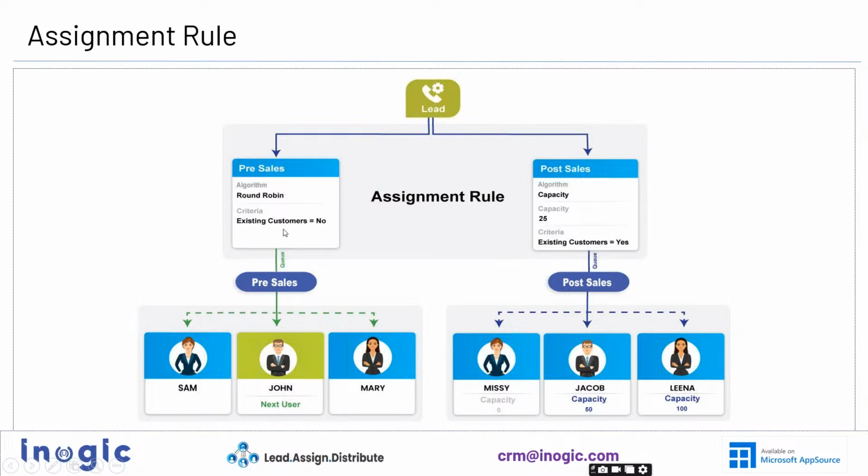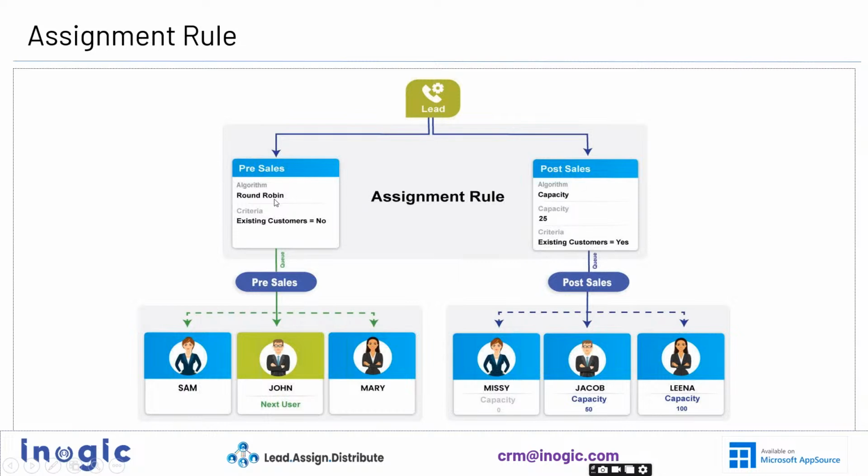If the lead that is being created is not for an existing customer, only in that case, the lead would go to the pre-sales queue, which is using the round robin algorithm. However, if the lead that is being created is for an existing customer, then rather than the pre-sales queue, the lead would go in the post-sales queue, which is using the capacity algorithm.